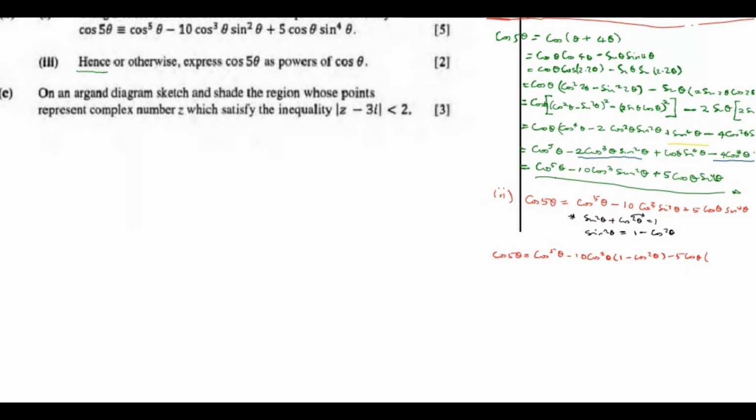So that simply means we are going to have 1 minus cos squared theta squared.